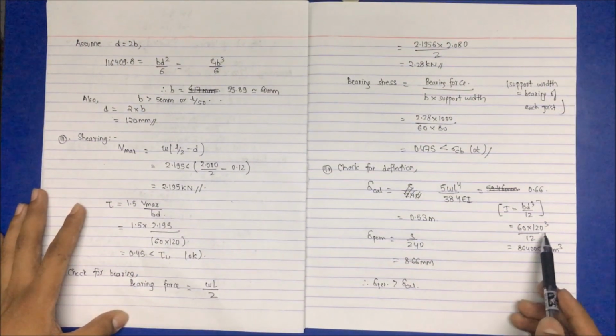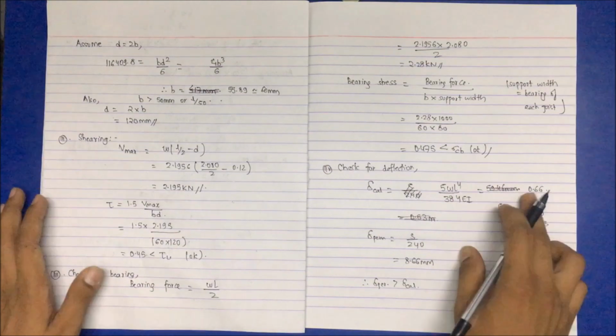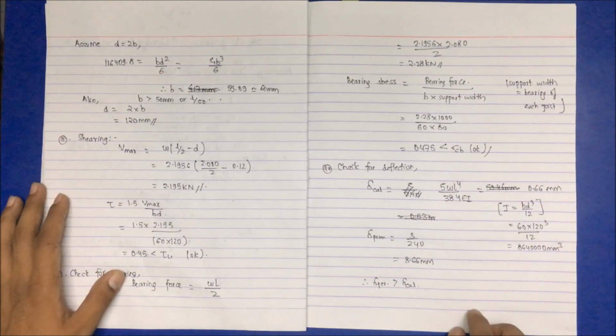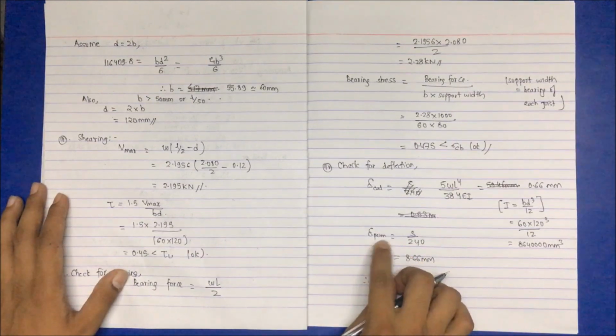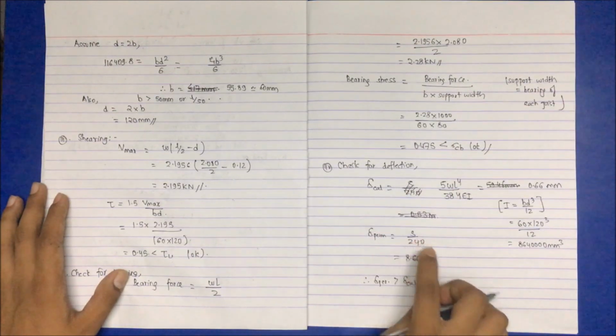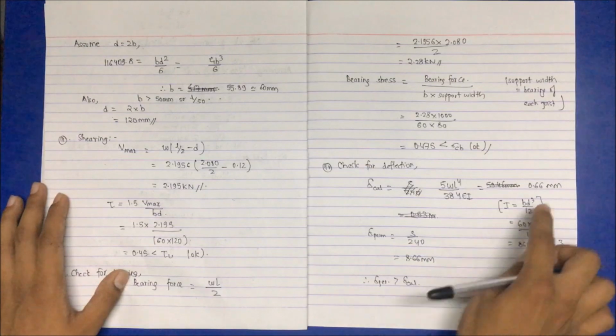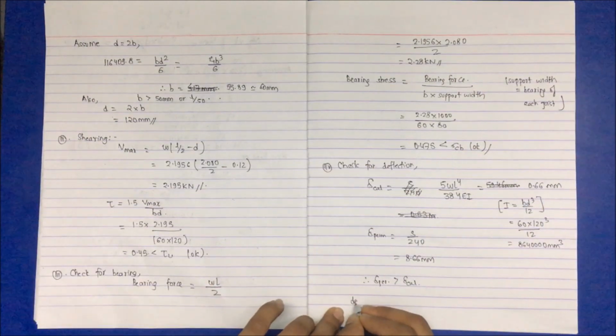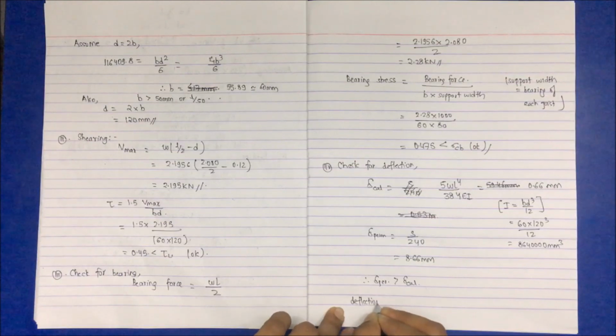So 60 into 120 cube by 12, we get this value. Finally we get this as 0.66 mm. And for delta permissible it is S by 240, S is the span, giving 8.66 mm, which is greater than the calculated deflection.